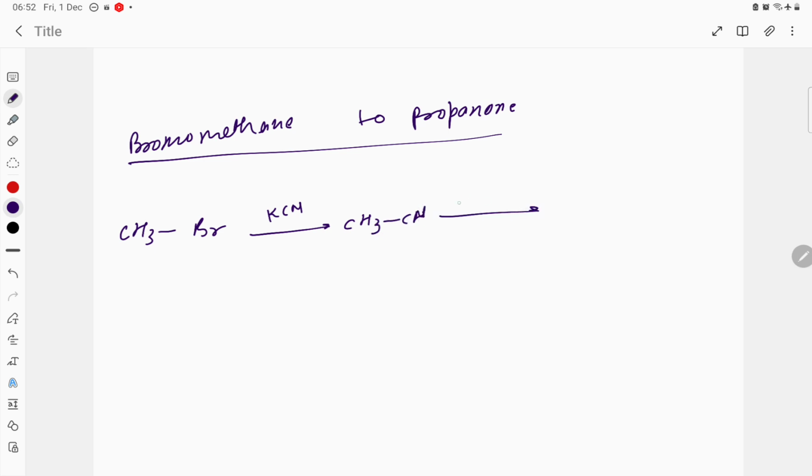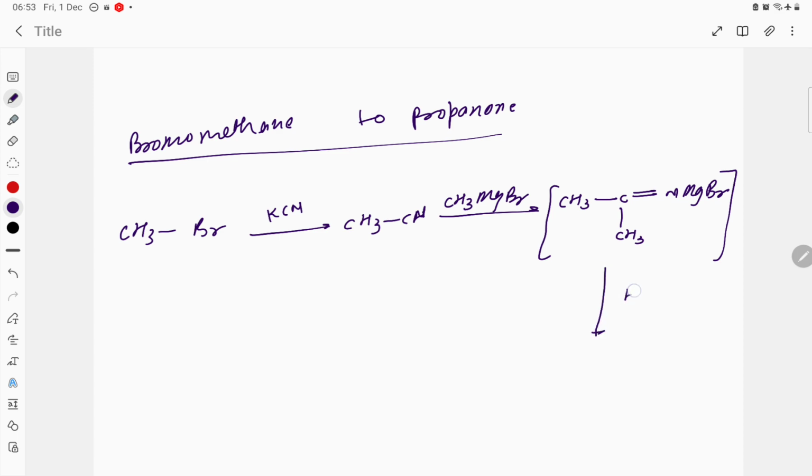Now you treat with what, student? Grignard reagent, student, CH3 MgBr. So what is it going to give, student? This will give the intermediate CH3 C, here is CH3, this is double bond N MgBr. Now, student, what can we do?